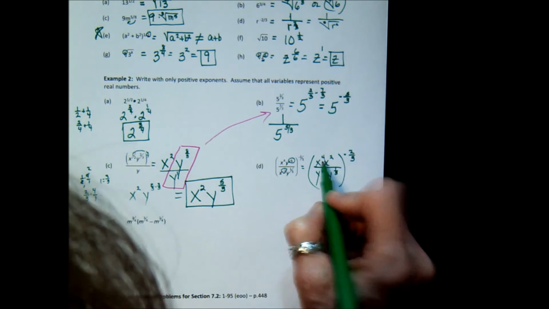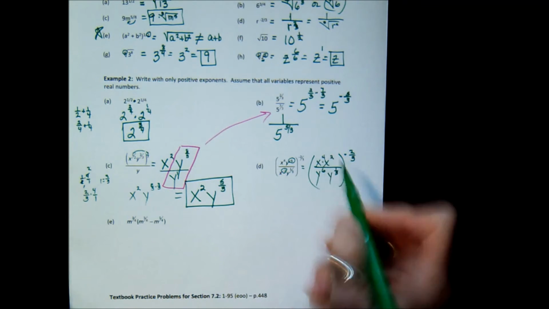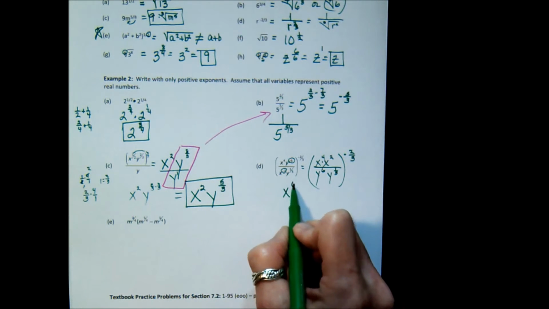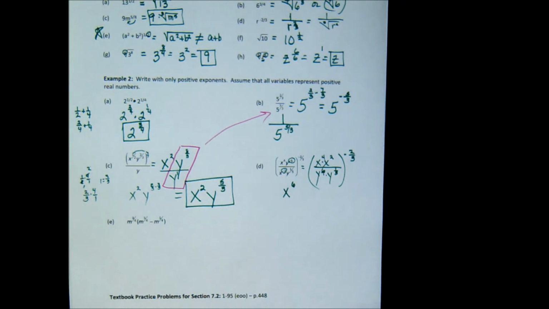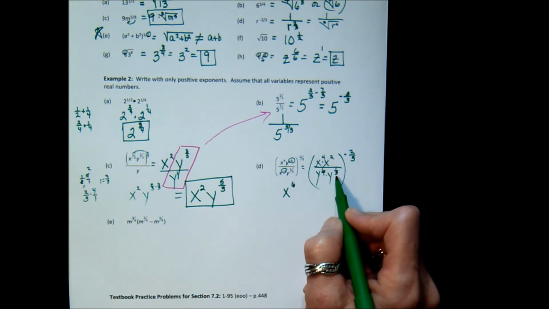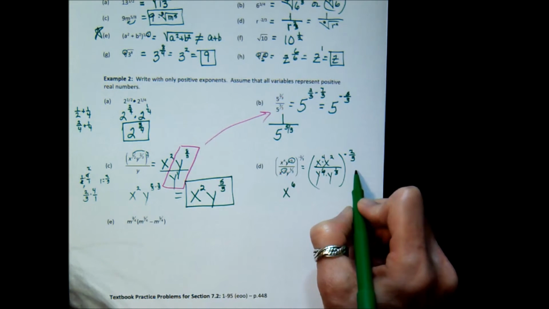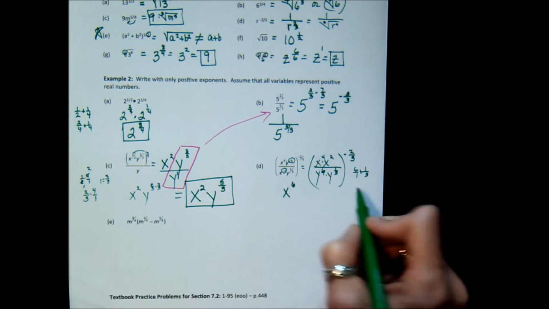The numerator is fairly easy. X to the 4th, x squared is x to the 6th. But in my denominator, in order to add my exponents, I'm going to have to find a common denominator. 6 over 1, 1/3. Well, that common denominator of 6 over 1 and 1/3 is 3.